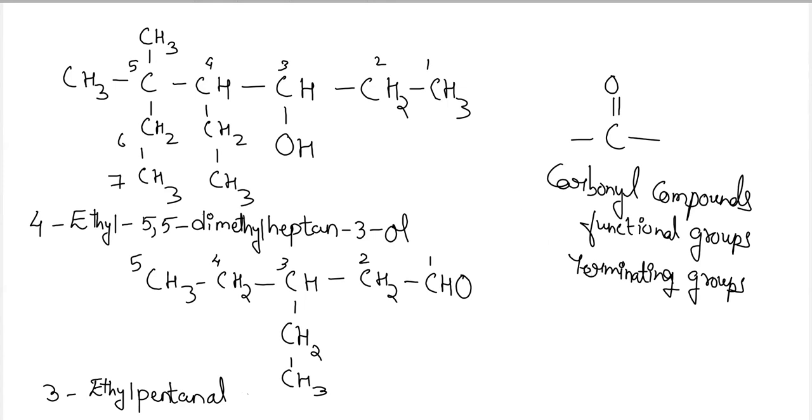Okay, some more examples we can take here. Let's use one more example, that is CH3CH(CH3)COOH. Here the chain will start from this carbon only: 1, 2, 3, 4.